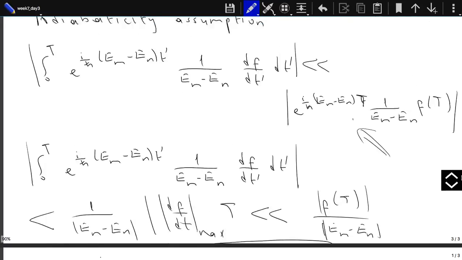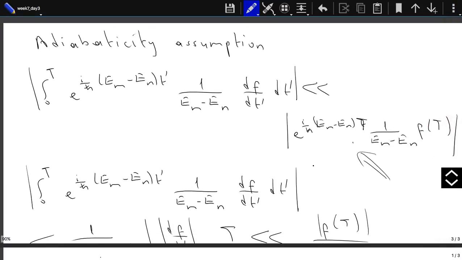What we are looking for is under which conditions the inequality over here is satisfied, because that is our adiabaticity approximation effect. If this is satisfied, then all our derivations are correct. Now the question is, under which condition does this approximation hold? That is the question we are looking for.